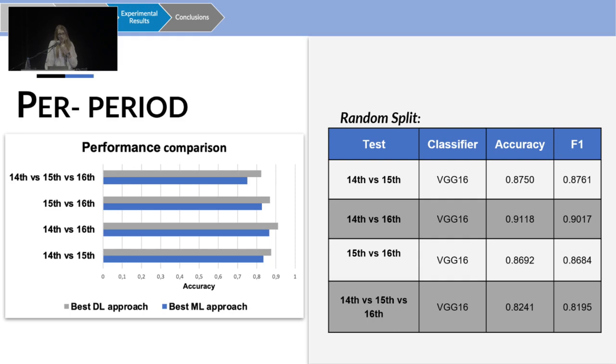And this maybe is also due to the fact that we have a lot of samples for this approach in the training set, and so we give the possibility to the model to learn from them. Here we can observe how between ResNet and VGG, VGG is the best solution. However, also the machine learning approach achieves good results in general.